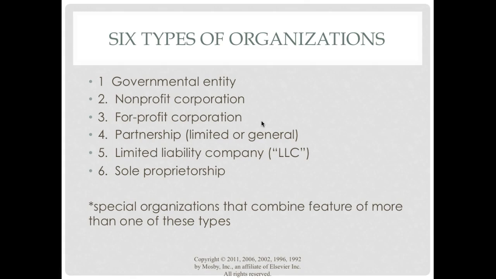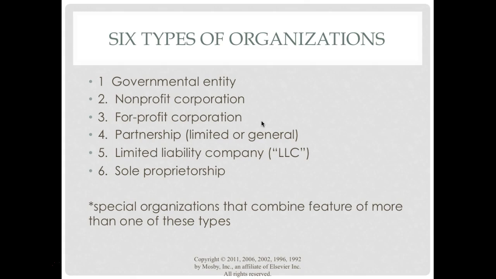There are 6 different types of organizations. There's a governmental entity, like the VA. There's a not-for-profit corporation, and most of the hospitals are not-for-profit. There's for-profit corporations. There's partnership, limited or general. There's limited liability companies, which you'll hear LLC all the time, and there's sole proprietorship. Special organizations can combine one or more of these types.